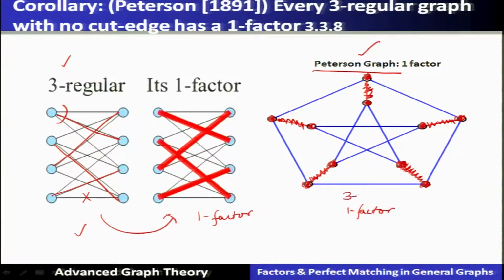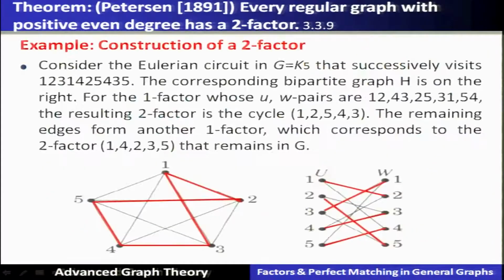So, this is a 3 regular graph, and the name of this important graph is the Petersen graph. So, the Petersen graph has a one factor.